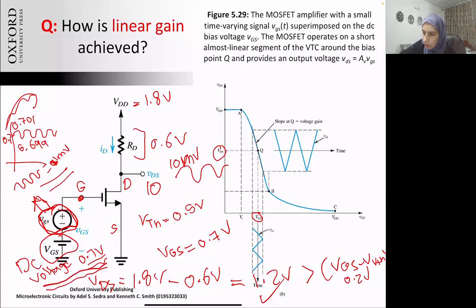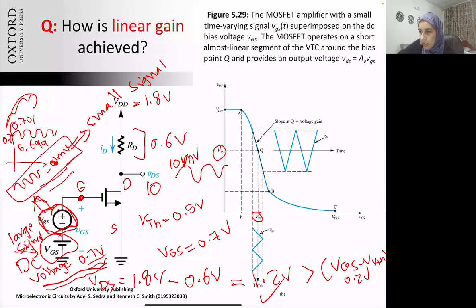So 10 multiplied with the 1 millivolt, it will be amplified. That's why this is the small signal, and this is the large signal. In the small signal, we deal with the small signal behavior in terms of the gain. That is, we're going to amplify it.